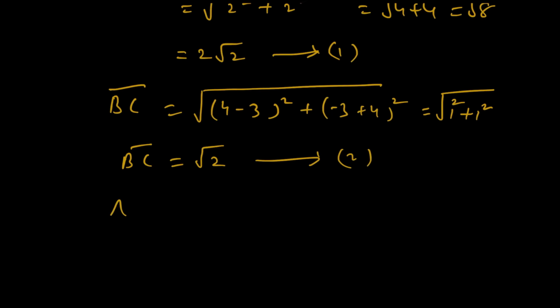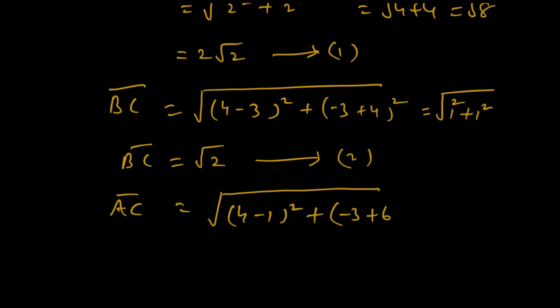Okay. Similarly, find AC. Suppose A as x1, y1 and C as x2, y2. AC: x2 minus x1 square, 4 minus 1 whole square, plus y2 minus y1, minus 3 plus 6, whole square. 4 minus 1 means 3 square. 6 minus 3 means again 3 square. 9 plus 9, 18.